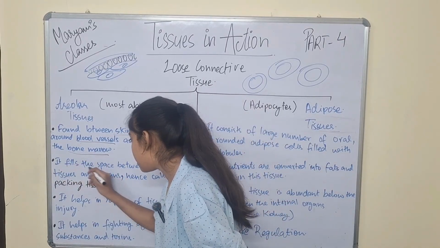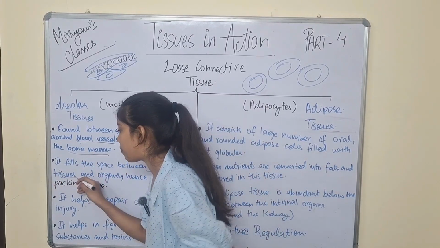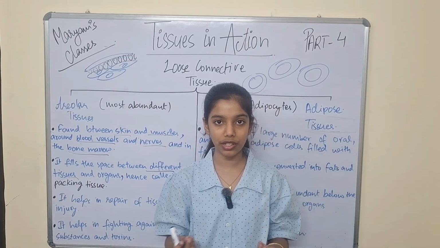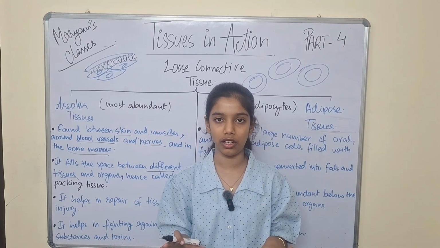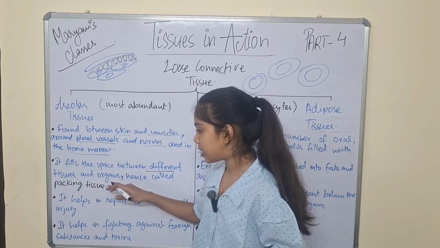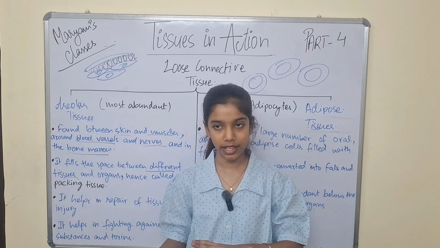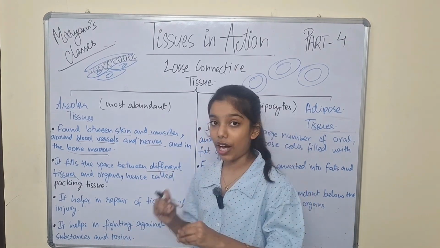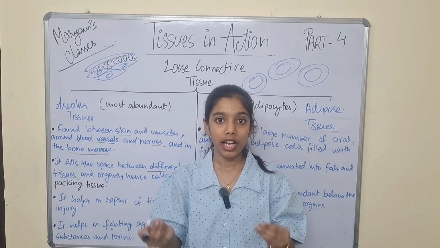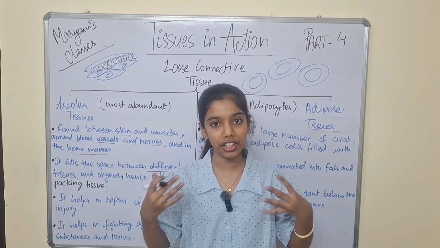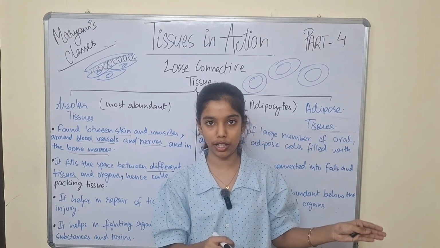This areolar tissue is a type of loose connective tissue which fills every space, between tissues or between organs, between skin and muscles. Because of its quality of filling the empty space, it is known as packing tissue.